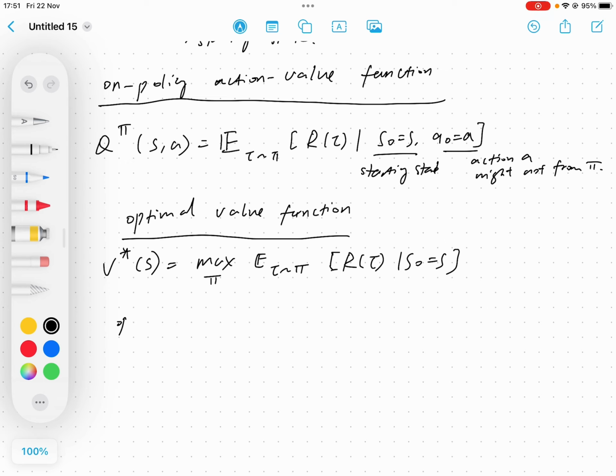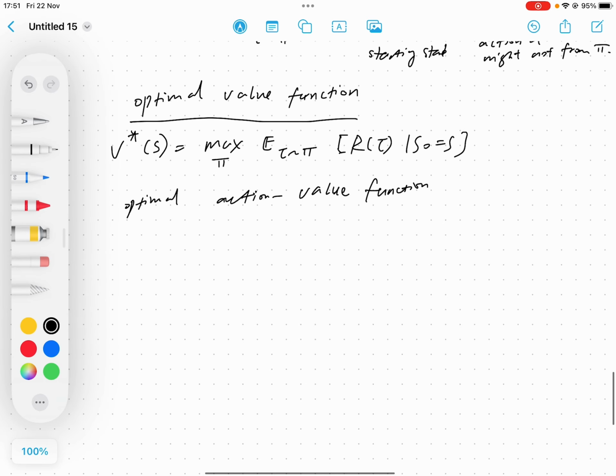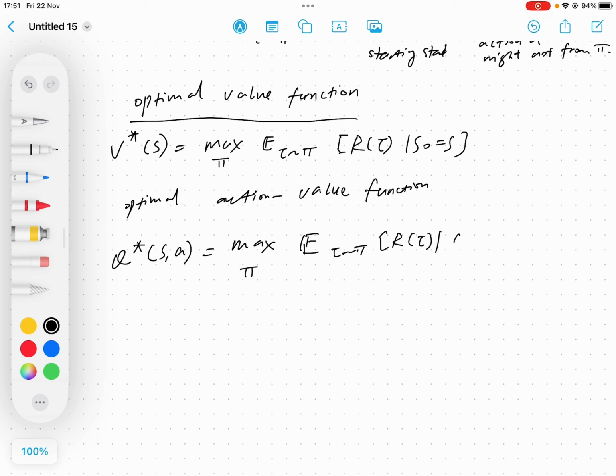And correspondingly, the optimal state-action pair value function, which in short we just call the action value function, is denoted as Q star(s, a), the maximization over pi of the expectation over tau of R(tau) given s0 = s, a0 = a.